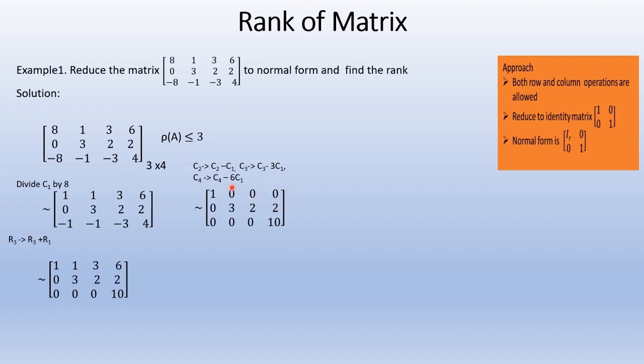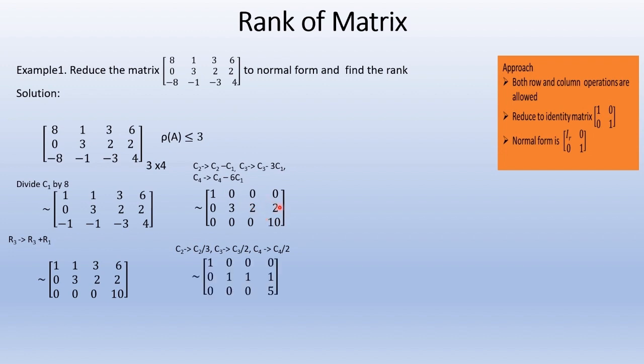Now to make the diagonal, that is these positions, 1. Column 2 is divided by 3 we get 0, 1, 0. Column 3 is divided by 2 we get 0, 1, 0. Column 4 is divided by 2 we get 0, 1, 5 and the matrix is this.